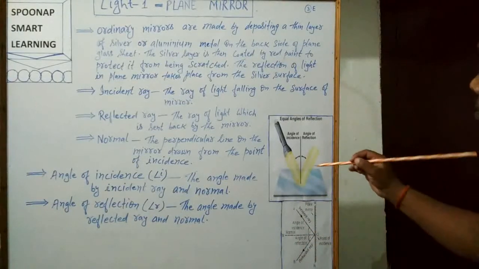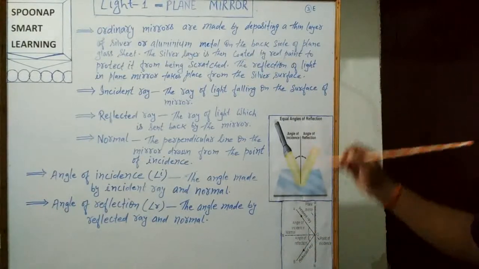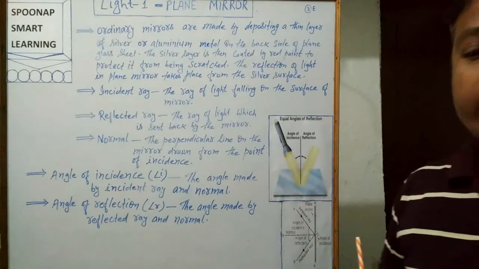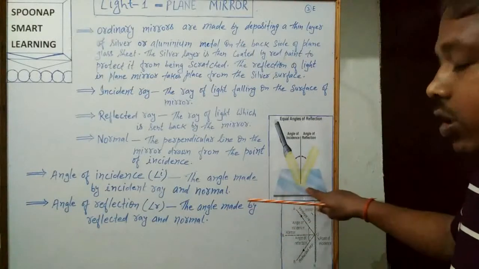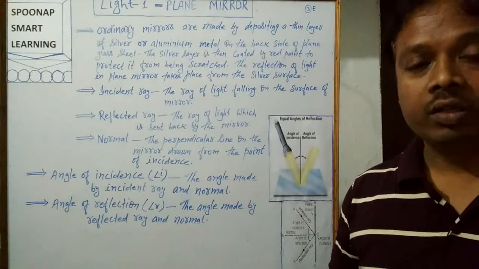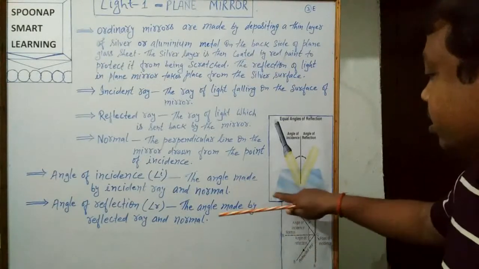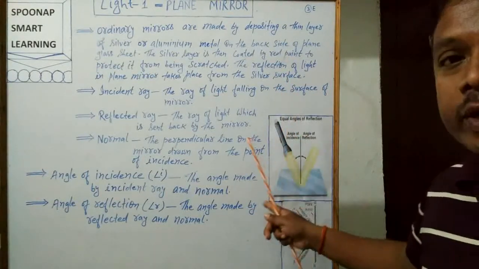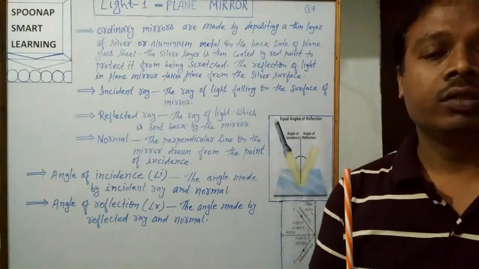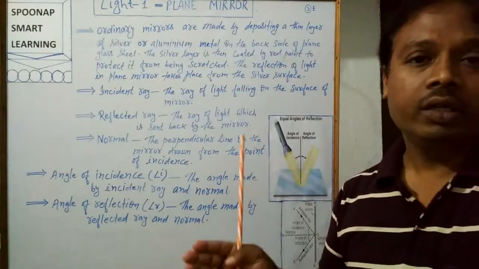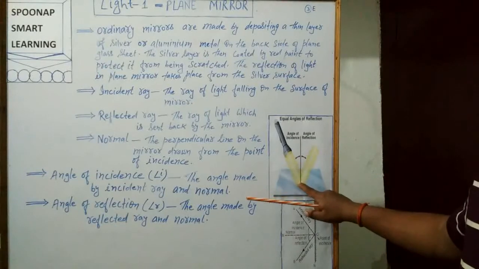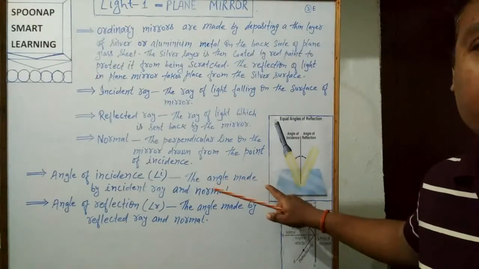Clear? And from there, when we draw a straight line, the line becomes perpendicular to the surface of the mirror. Perpendicular means an angle of 90 degrees. The mirror surface is a straight line, and when we draw a perpendicular, it divides it into two equal angles, 90 degrees and again 90 degrees. That is why we call this a perpendicular line.